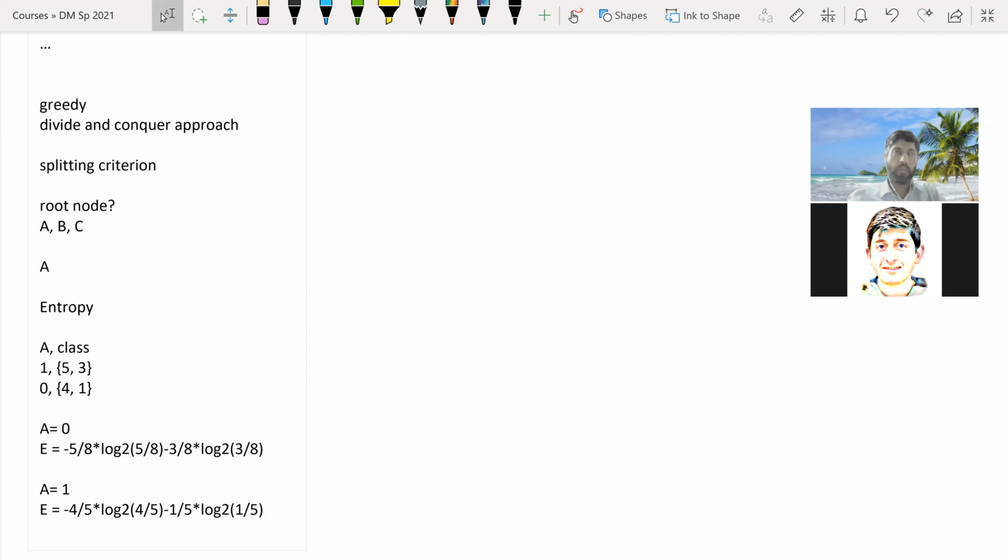So what is the entropy after the split? You will have to add up those two entropies and weigh them by the size of each split.